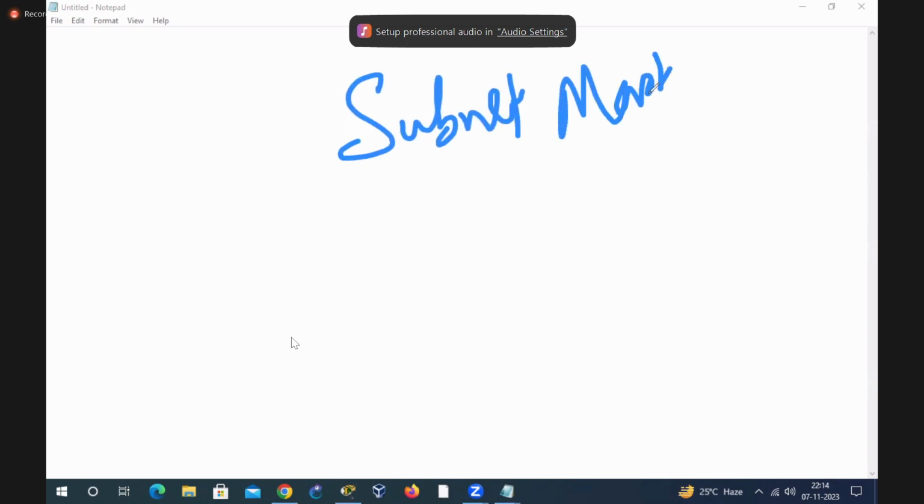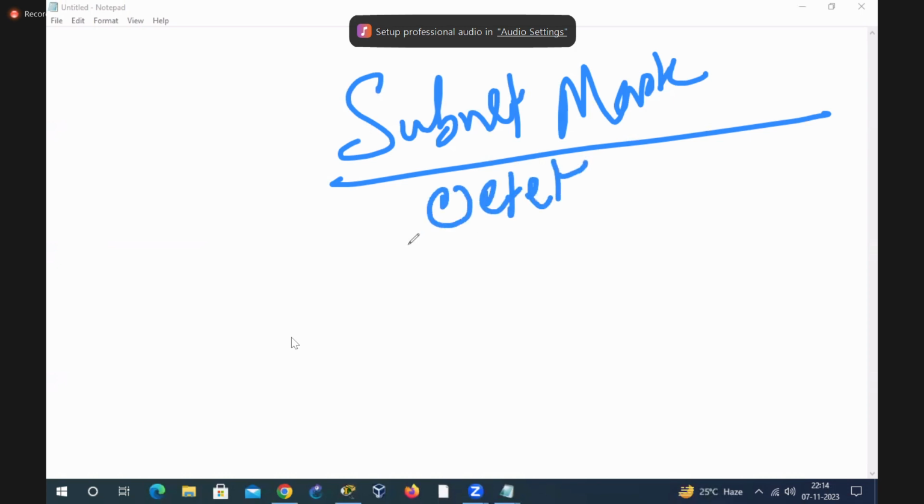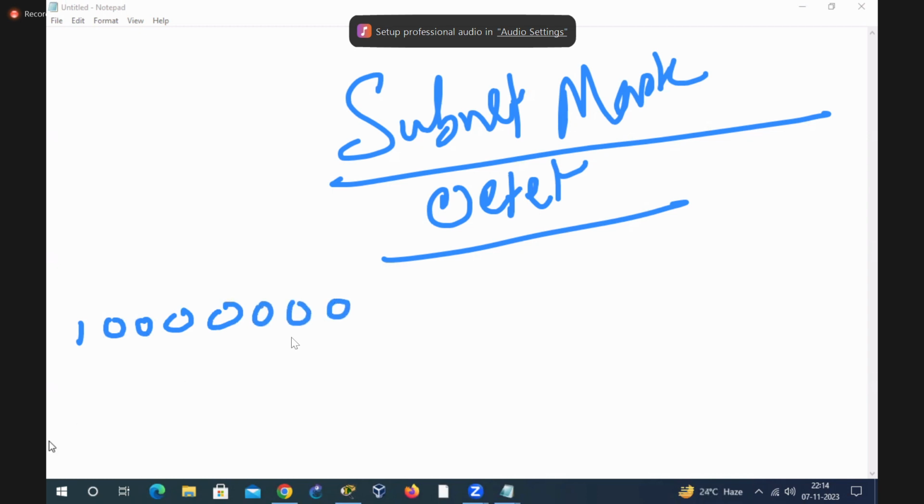So when we talk about subnet mask, in our subnet mask octet, if we are having one network bit and 7 zeros, then what is the value of this octet?